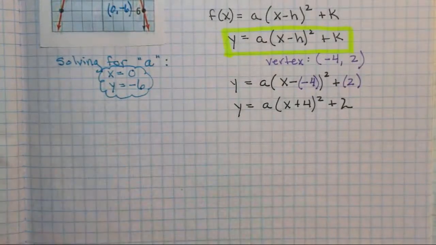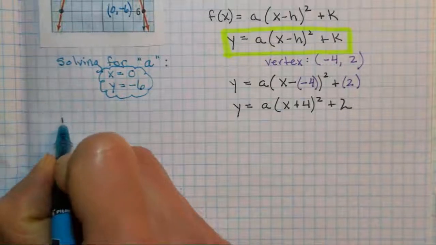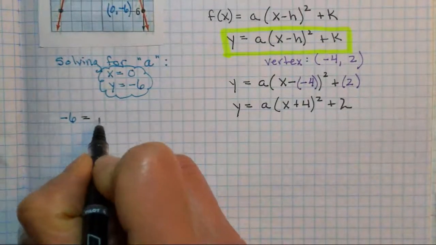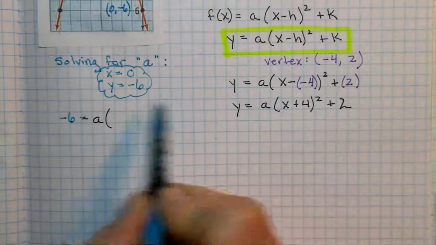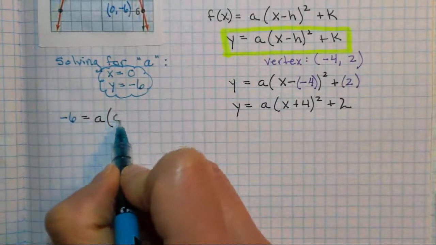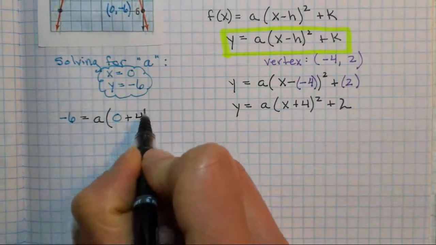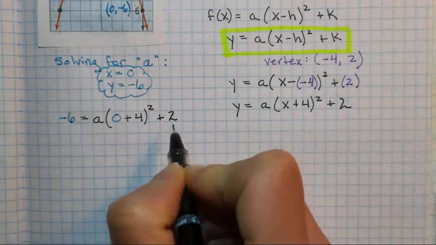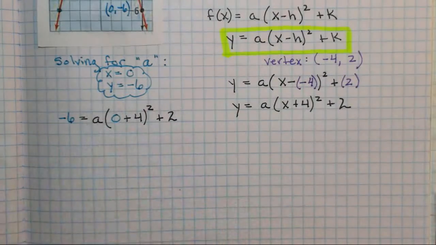So I have y is -6, so I'm going to put in -6 equals A times, well, what is x? X is 0 plus 4 squared plus 2. So I'm going to simplify this side of my equation.